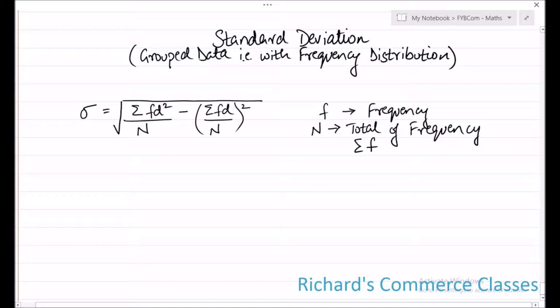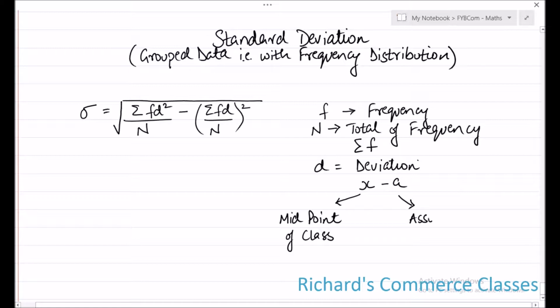And finally, d is known as deviation, which can be calculated by x minus a. Now, x is the midpoint of a class, whereas a is the assumed mean.